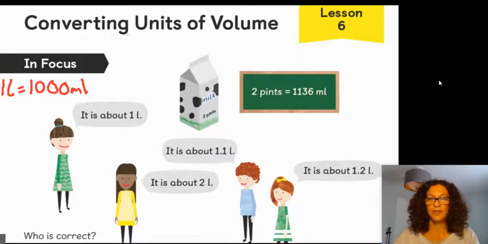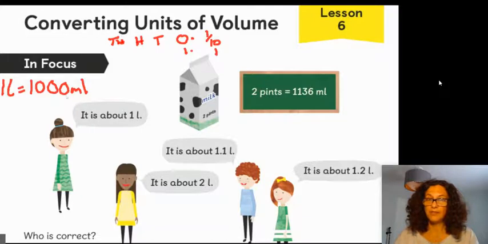So let's just do it up here. We've got 1.1. So I'm going to have my 1,000 column, my hundreds, tens, and ones, and my tenths. We've got 1.1. And we are going to multiply by 1,000.